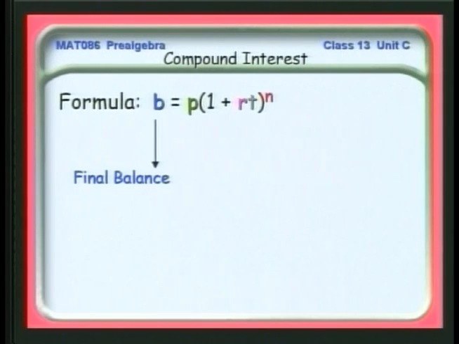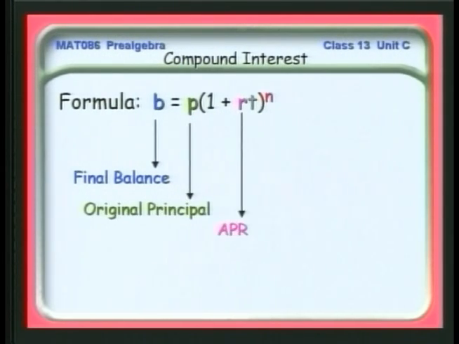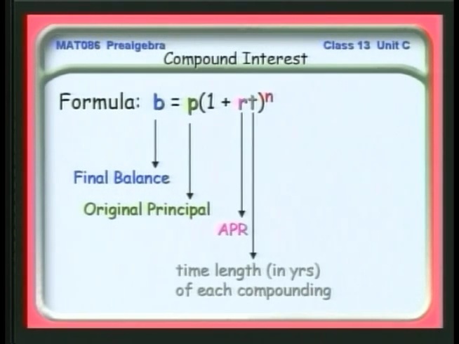We have the final balance equal to the original principal times the APR, the yearly rate, times the time length of each compounding in years. So if you compound once a year, the time is 1. If you compound every half year, the time is 1/2. And then the n, the thing you take to the power, is the number of times that you compound.